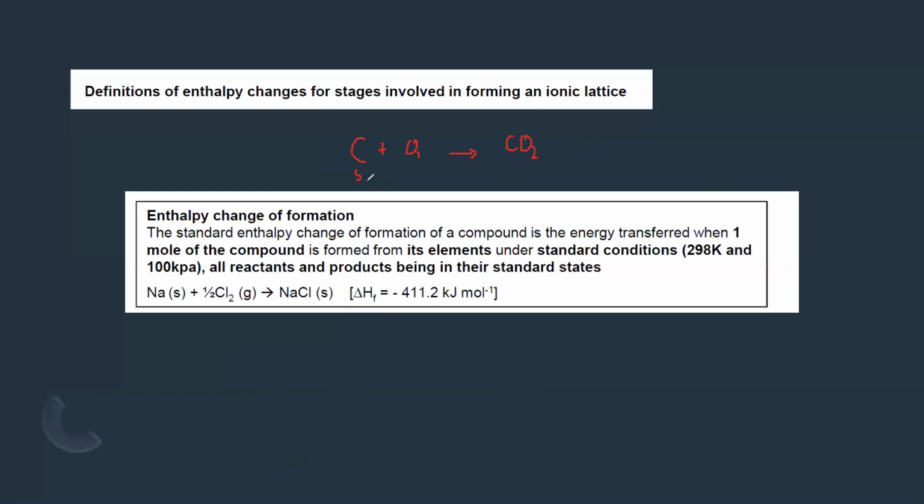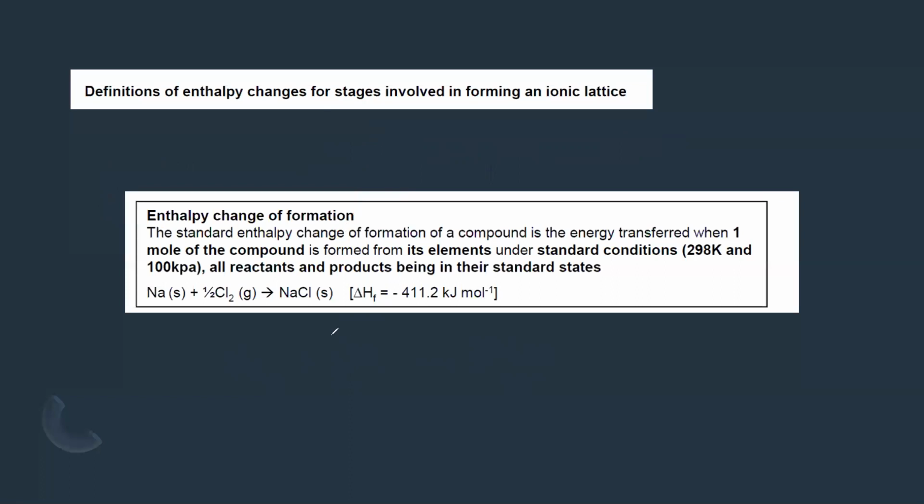Carbon is solid and oxygen is a gas. So carbon reacts with oxygen to give 1 mole of carbon dioxide. The energy change can be endothermic or exothermic, but the energy change is also known as enthalpy of formation. So when a compound is formed from its elements, the energy change refers to enthalpy of formation.